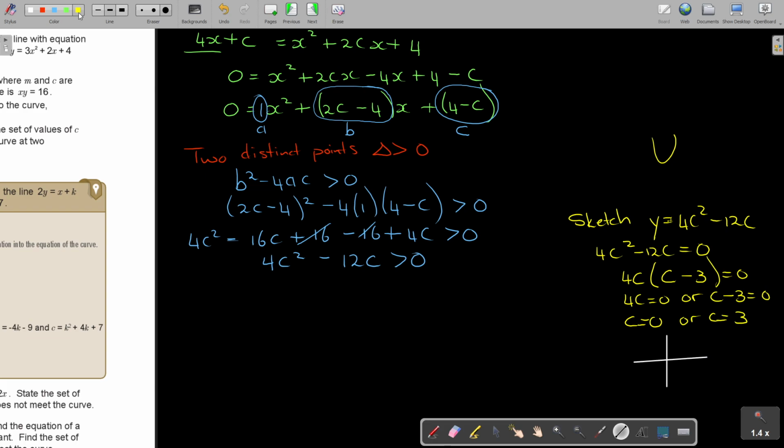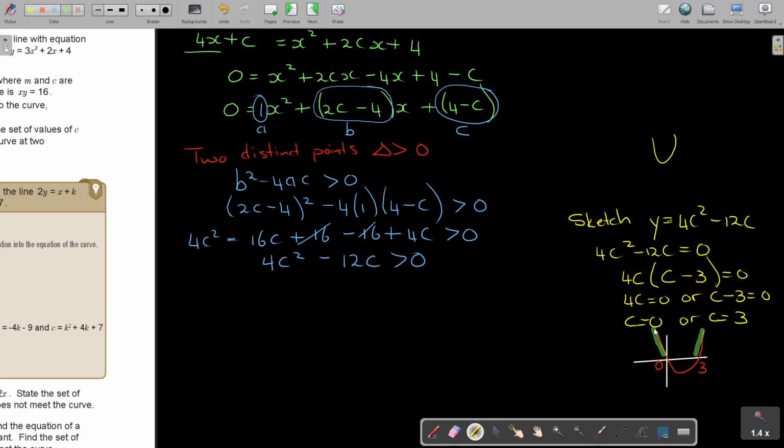So the sketch is going to be, I'm just going to get another color. So it's going to be like this. So there is 0 and there is 3. And I'm going to just get my highlighter this time. So bigger. Can you see it's bigger? So it's going to be here and here.